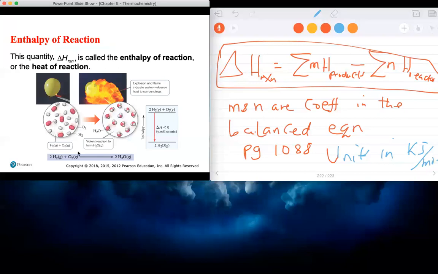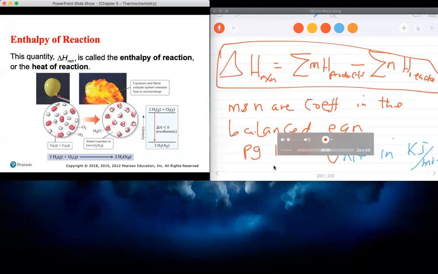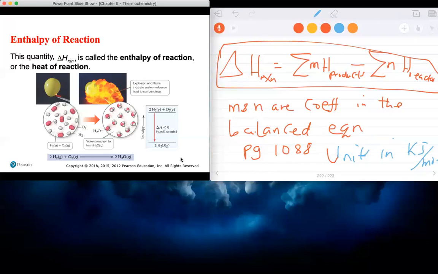Here is another example. If you are to write the enthalpy of reaction or heat of reaction, product minus reagent, we need to find the enthalpy of H2O. And by the way, you've got to pay attention to the physical states as well. If you look at page 1088, you may have enthalpy of formation of H2O in gaseous state, in liquid state, or in solid state. We can have solid ice. So which one are you going to use?